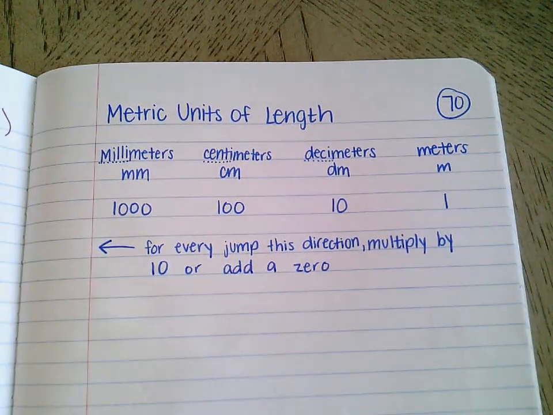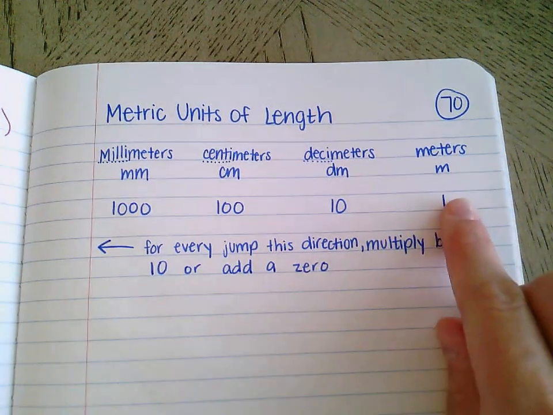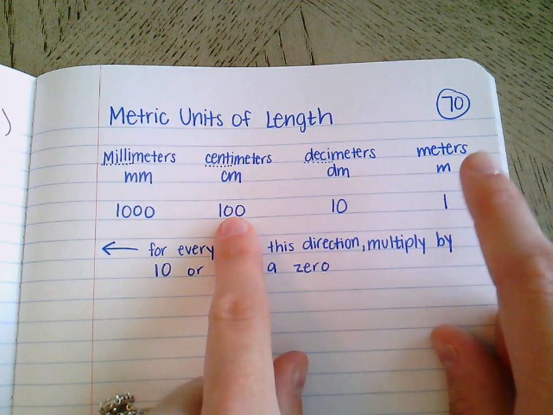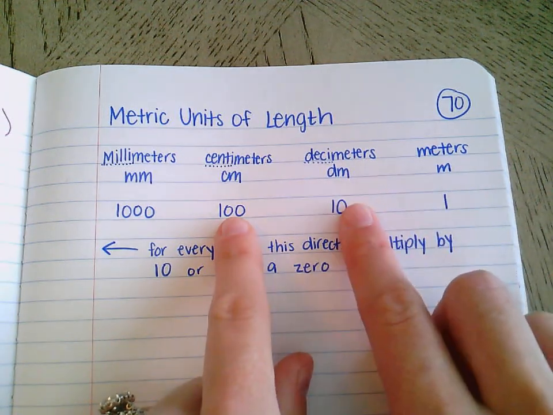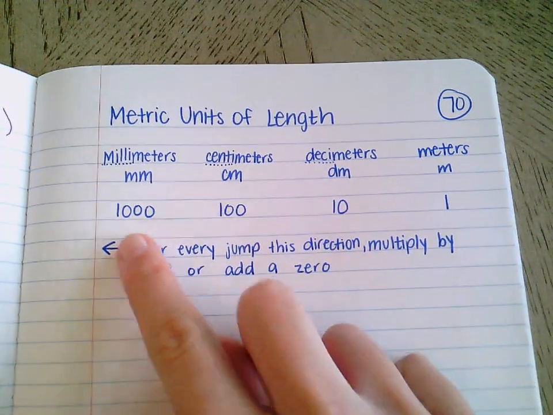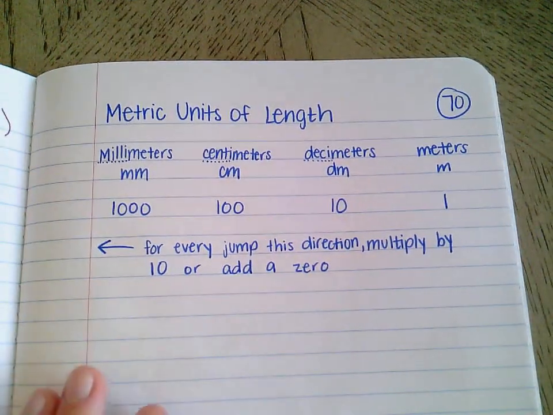Meaning if I have 3 meters and I want to know what that is in centimeters, I would say, well, 3 meters is 30 decimeters is 300 centimeters. You see, I'm just adding a 0 every time I go over 1 jump.